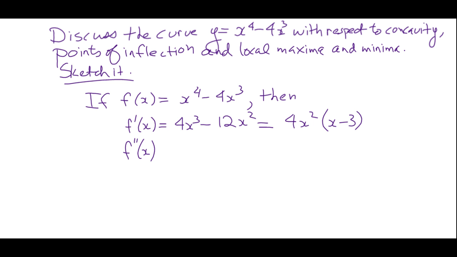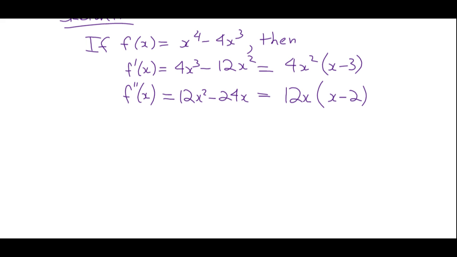Put that in factored form because we've got to find the zeros. And f double prime of x is equal to 12x squared minus 24x, and we can factor that as well. Nice and easy, much easier than the last one. To find critical numbers, we're going to set f prime of x to 0, which means that the critical numbers are 0 and 3.